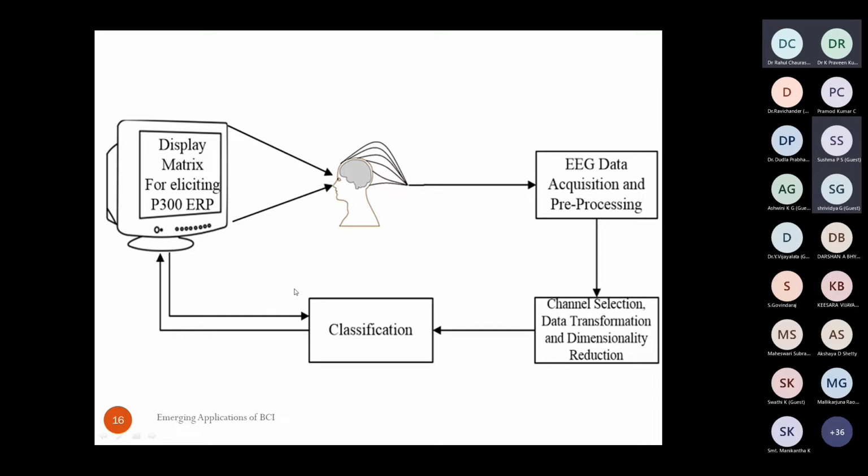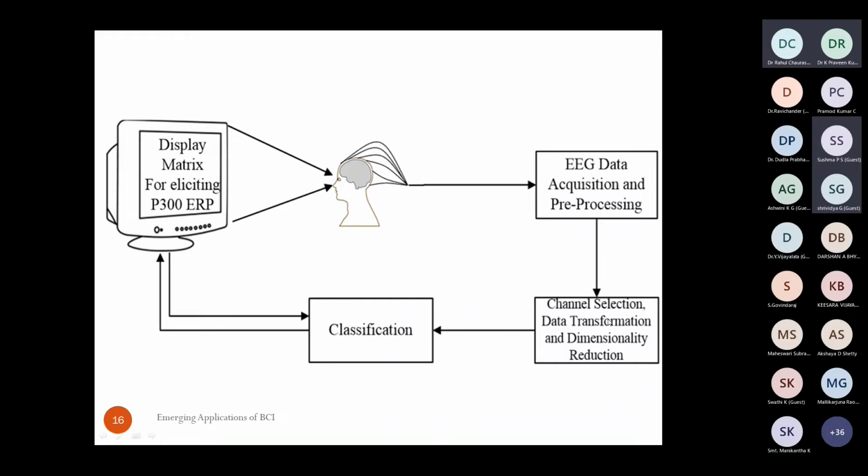So this is the general diagram of BCI, brain-computer interfacing, which is P300 speller-based. You have to display the matrix of characters for eliciting the P300 ERP, and a person will be seeing those displays. His brain signal will be recorded, so we will have the EEG data and we will do the pre-processing.